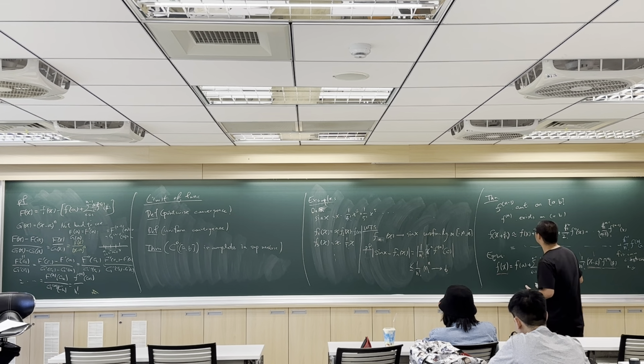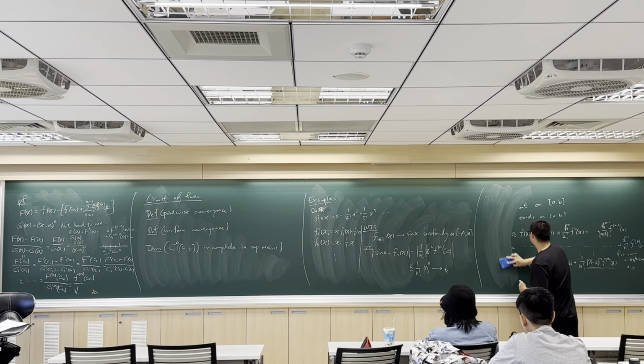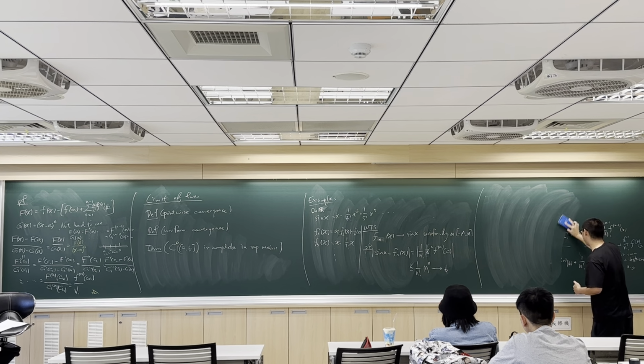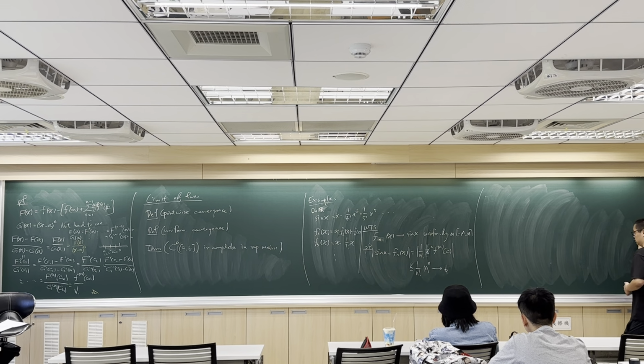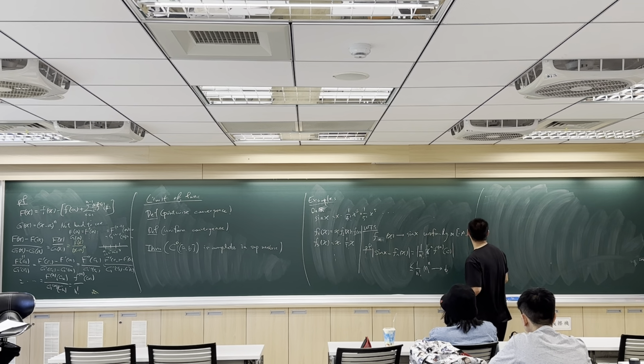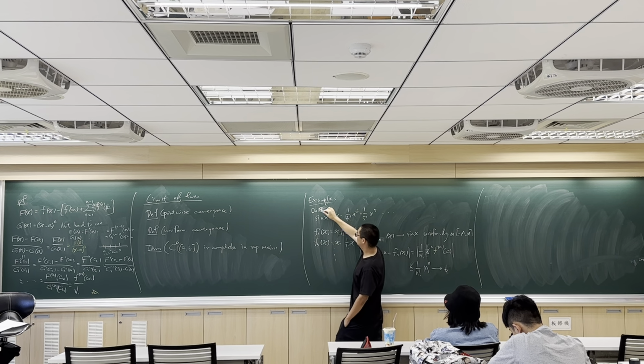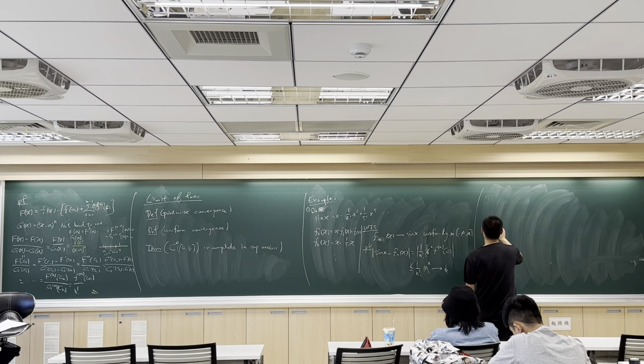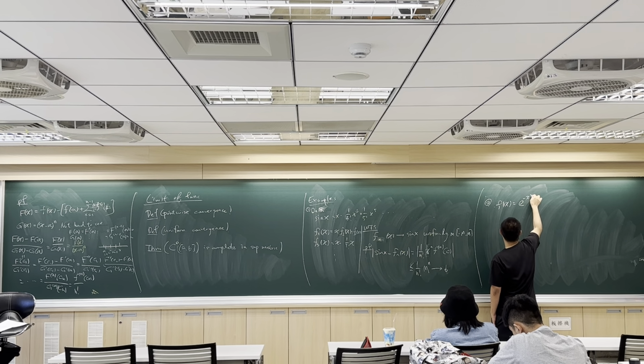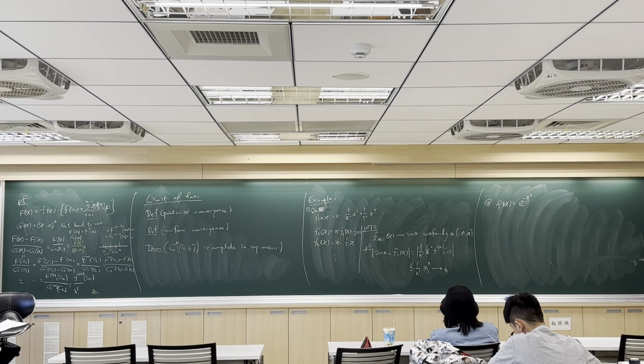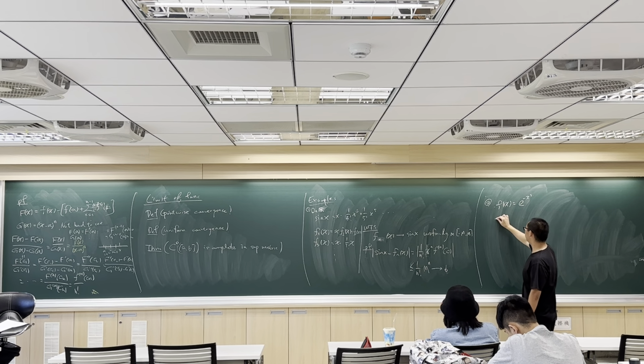But sadly, this does not work so well in general. Let's consider another function. Example 2. We consider f of x equals exponential of minus 1 over x squared, e to the minus 1 over x squared. So what is f prime of x?